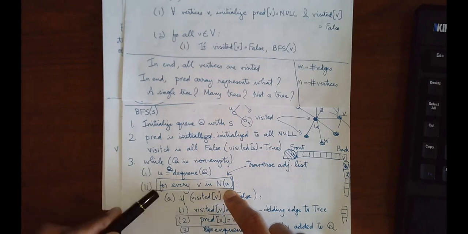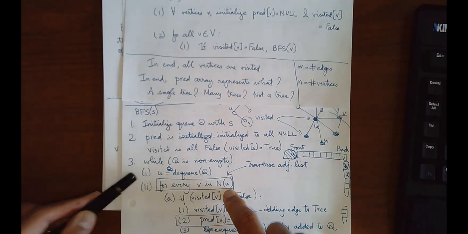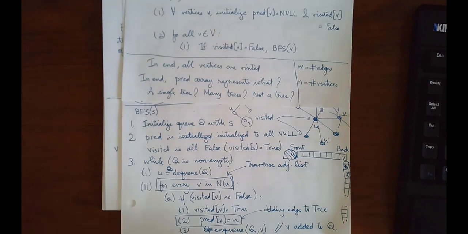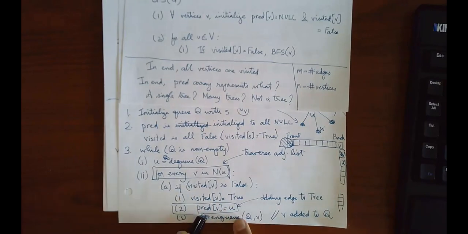What is that operation? It's a DQ. So you traverse the list when you remove a vertex from the queue. Now, how many times can a vertex be removed from the queue? Once. Exactly once, because you only insert it into the queue if it has not been visited.